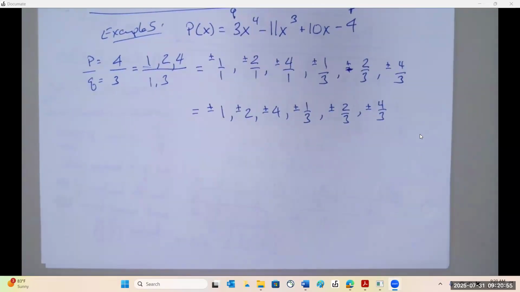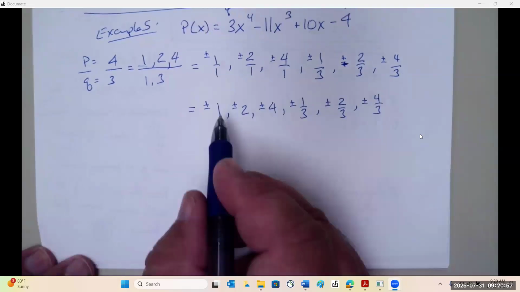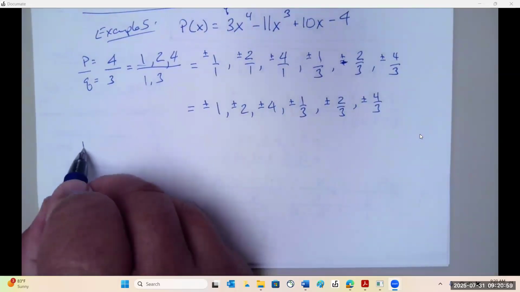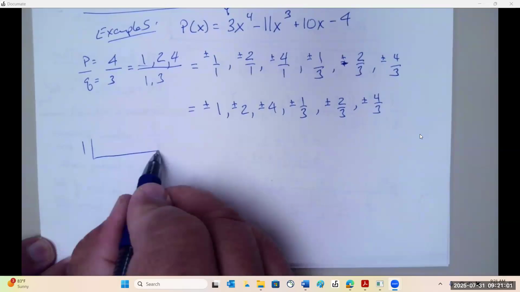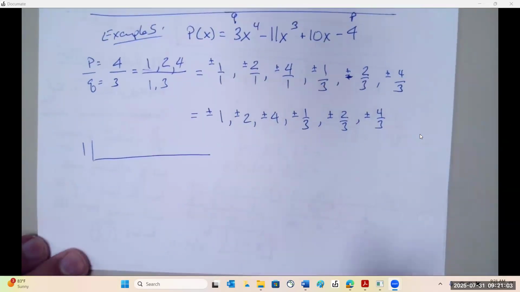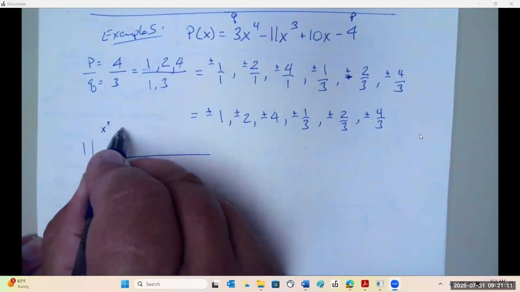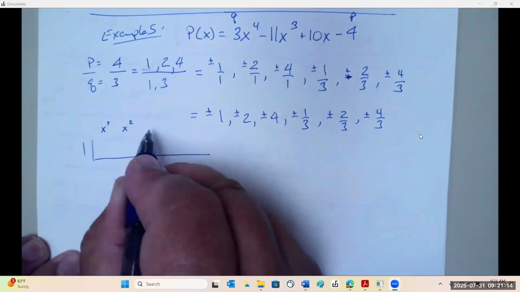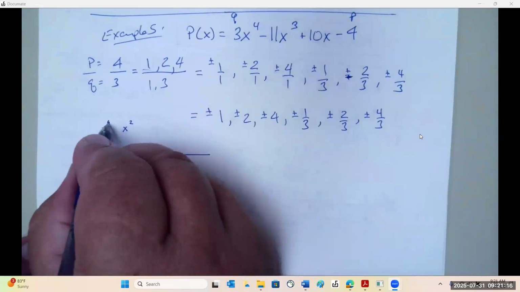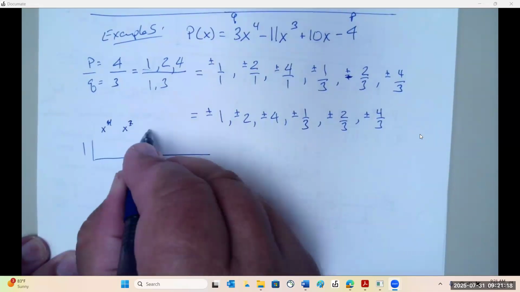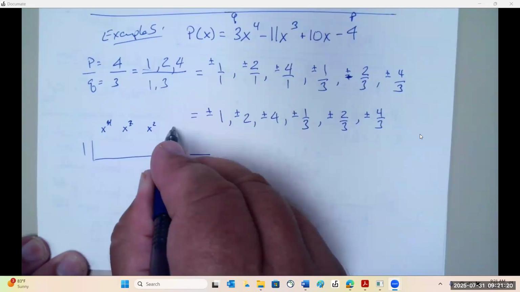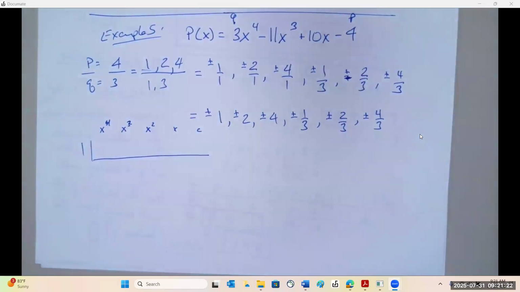So let's begin. The first number we try is, let's say, positive 1. How do we set up our synthetic division? Remember, you have to allocate the numbers for each of these x's. Since the highest is x to the 4th, we need x to the 4th, x cubed, x squared, x, and constant.